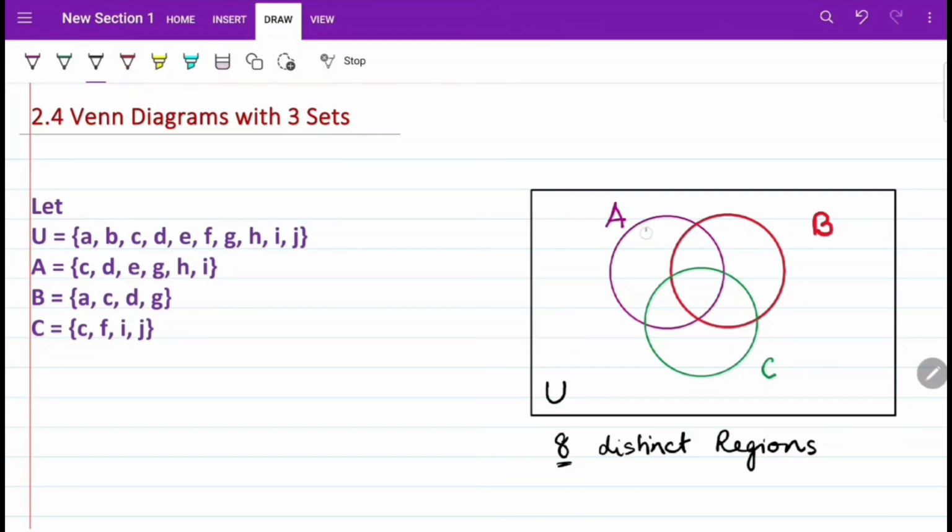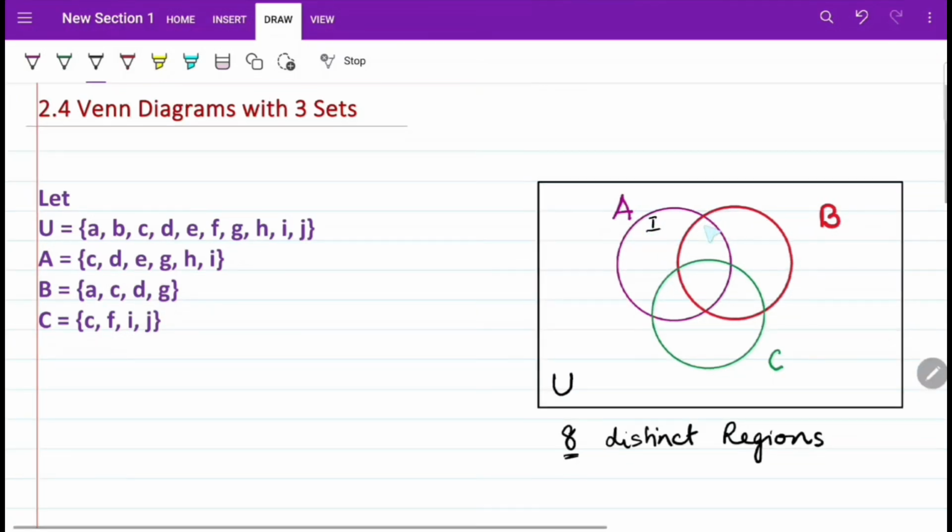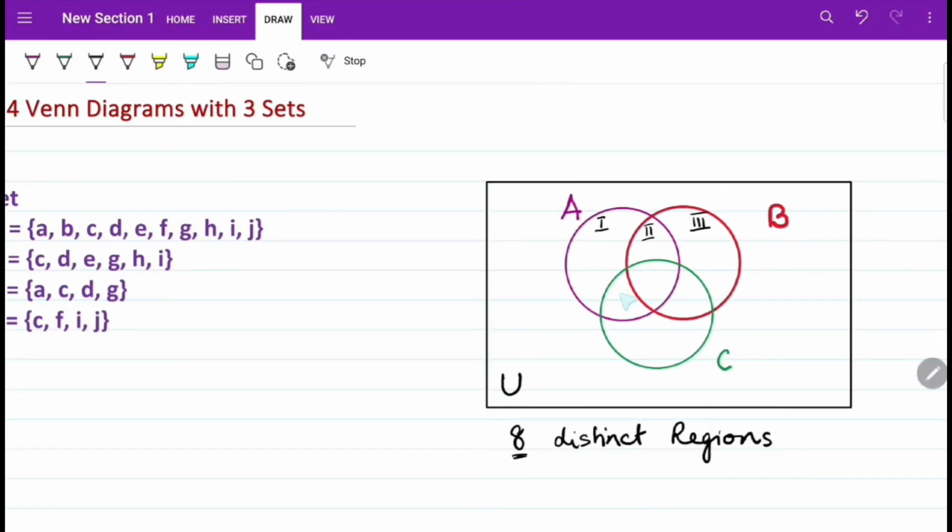So the first region will be region 1, which will be a part of the purple circle, and then region 2, region 3, and then we go down 1 level to region 4, and then region 5, region 6, and then below is region 7, and finally region 8 is actually outside the circles but within the box.